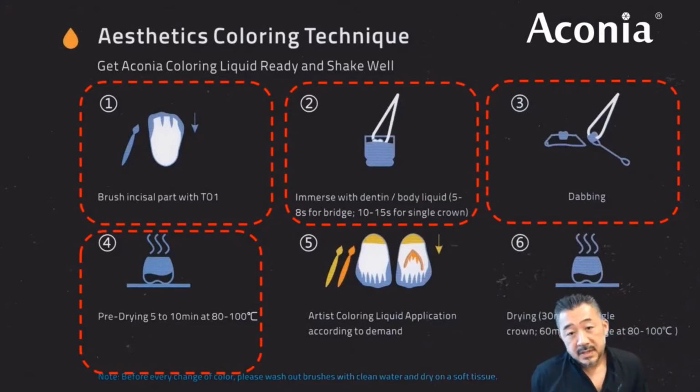Before the next step, place in the oven to dry for 5 to 10 minutes at 100 degrees. The steps up to number 4 on the screen are over. In the case of the multi-layer disc, it's not necessary to apply the incisor color or dip in the body color.